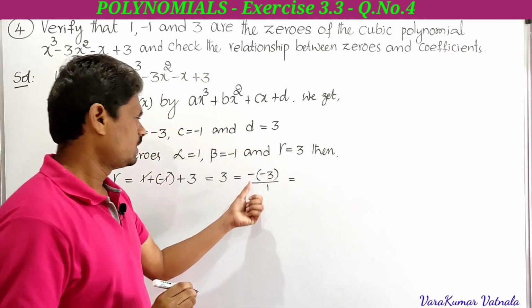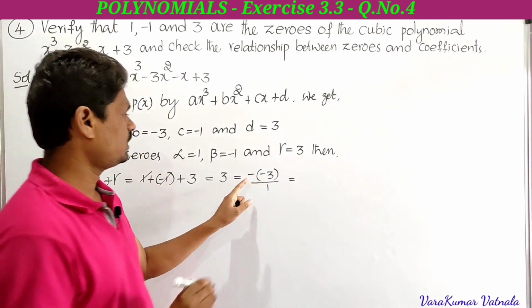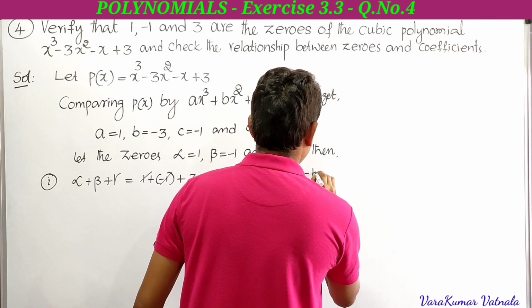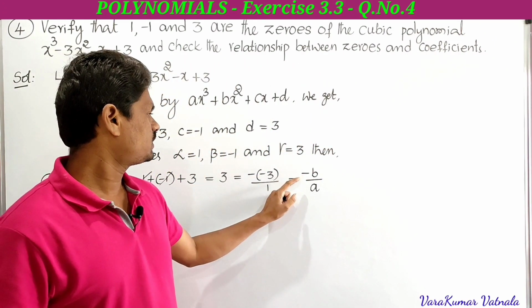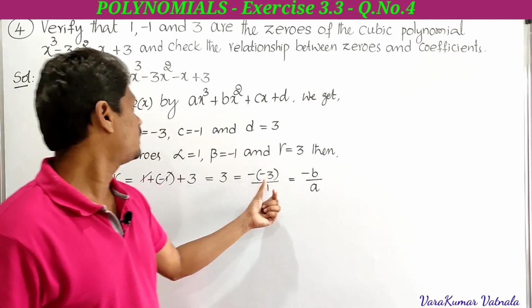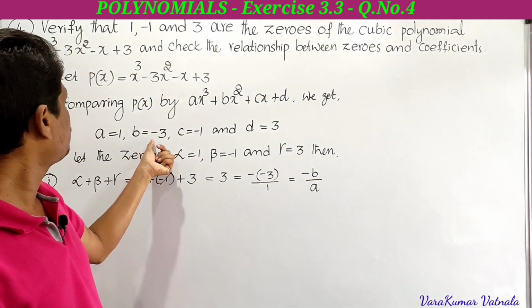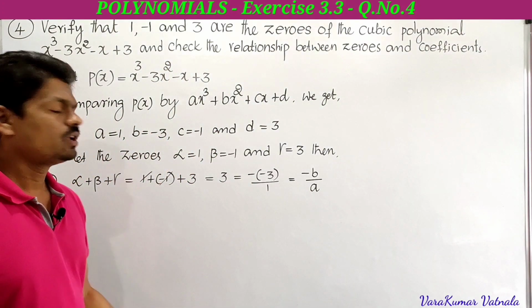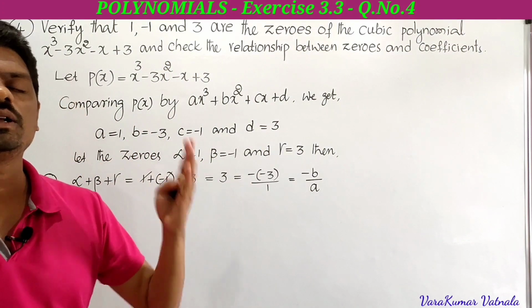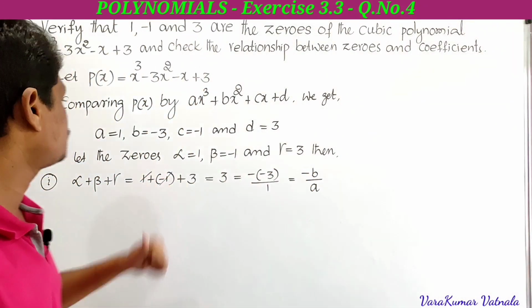So see here this minus of minus 3. So that is minus b by a. So minus is there, here b equal to minus 3. So here also b equal to how much? Minus 3. So a equal to 1, here also a equal to 1. Therefore alpha plus beta plus gamma equal to minus b by a.